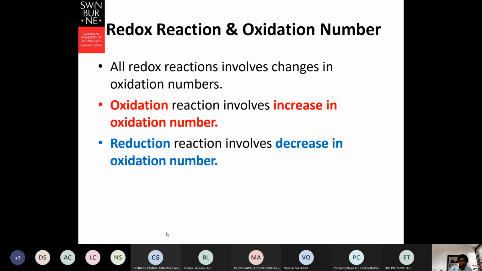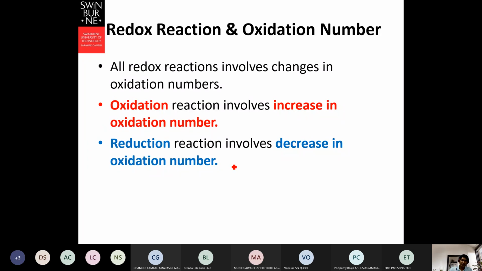So how do we know that oxidation number is increasing or decreasing? First of all, we have to know the oxidation number. How do we assign the oxidation number, and what does oxidation number actually mean for a chemical for us? So oxidation reaction involves an increase in oxidation number.